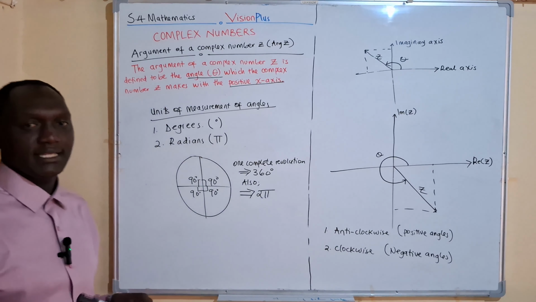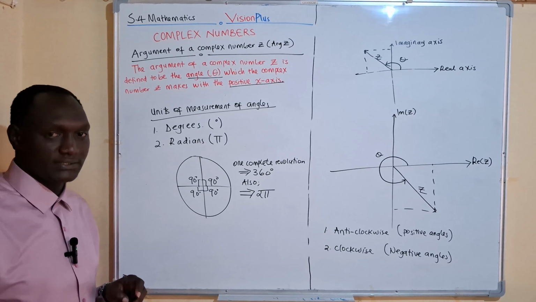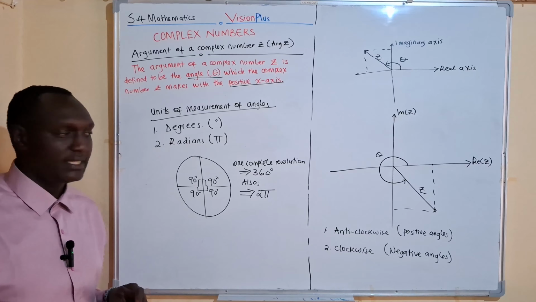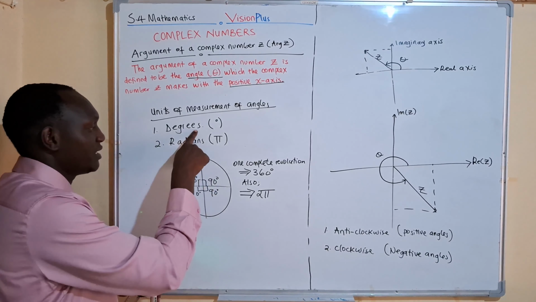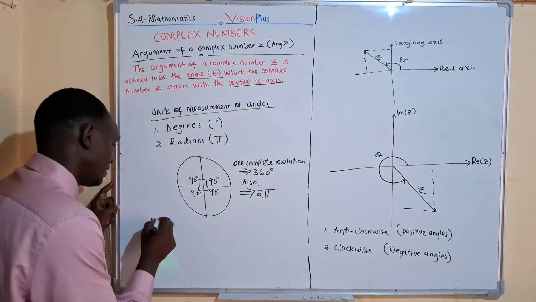That means that if one complete revolution is 360 degrees and still one complete revolution is 2 pi, what is now the relationship between degrees and radians? This implies that, let me put it here, NB.